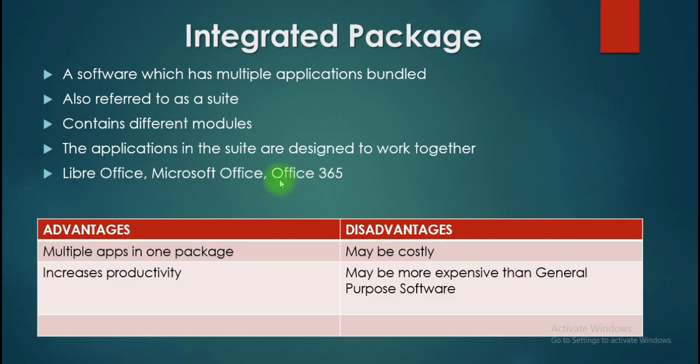So the online version now is Office 365. So we no longer only have the bundled app available to purchase. So if you just want, for instance, Word to use, you can subscribe for that service online.